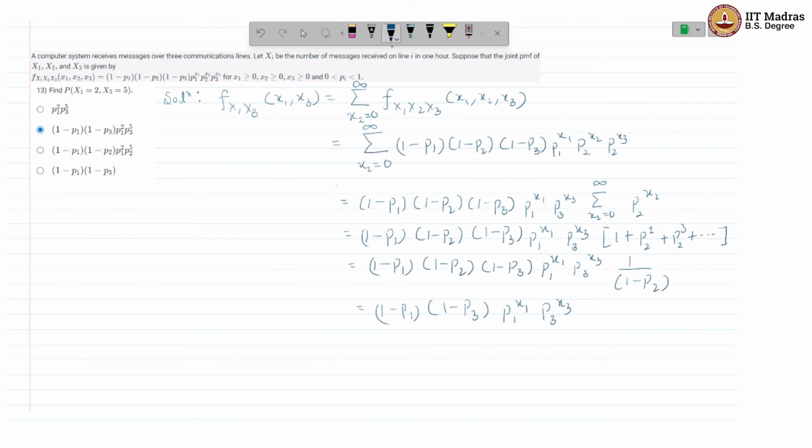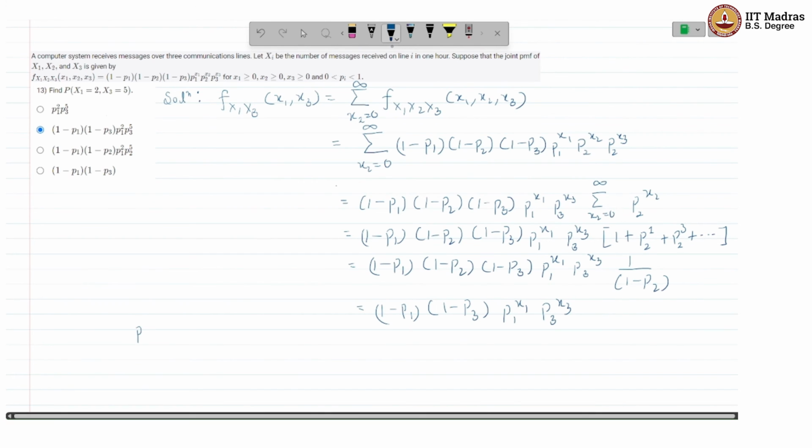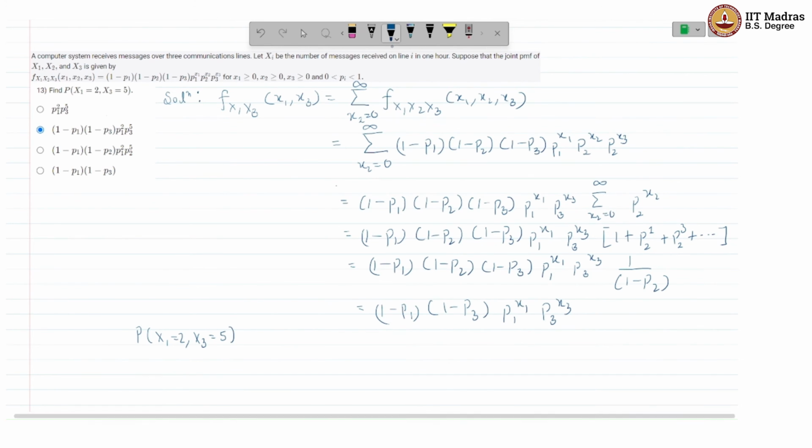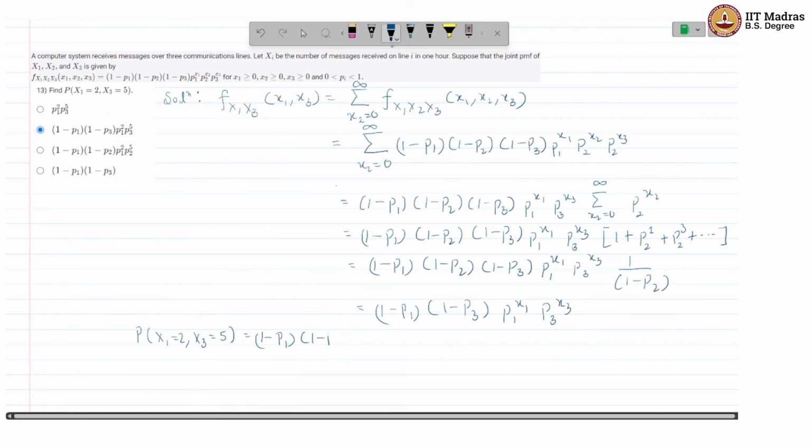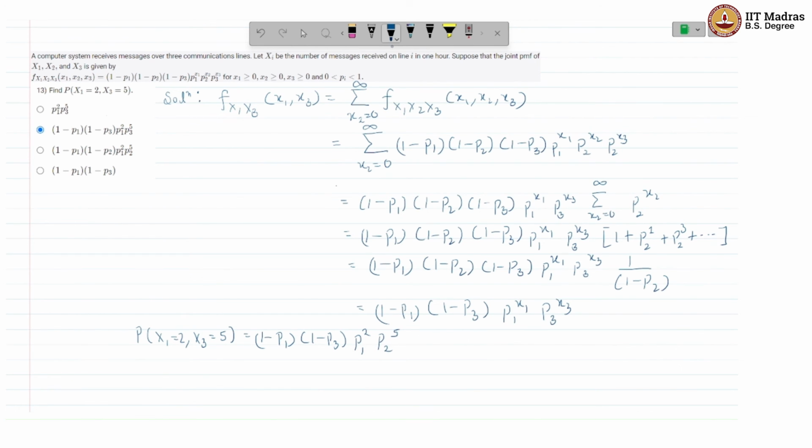And now simply substituting the values, we'll find the probability that x1 is equal to 2 and x3 is equal to 5. So simply put the value of x1 equal to 2 and x3 equal to 5 in the PMF. So we'll get (1 minus P1), (1 minus P3), P1 raised to the power 2, P3 raised to the power 5. And this is the required answer.